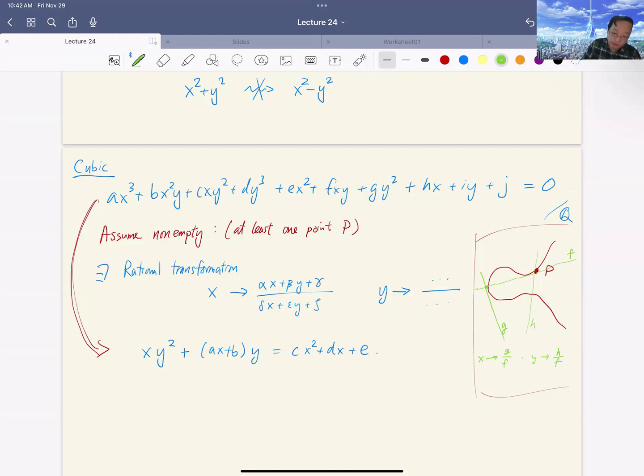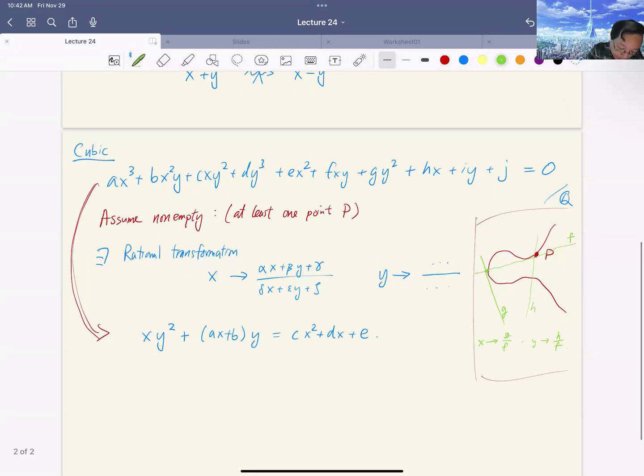And we can do further simplification. Now if I multiply both sides by x, and let y be xy, we can see that this becomes y squared, right? And then this becomes ax plus by equals cubic in x. So I multiply both sides by x and then redefine my variables.